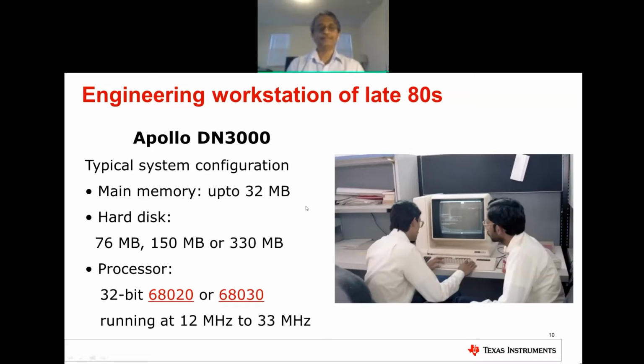But I thought I'd just share this to give you a perspective on what the semiconductor revolution has enabled, from where we were with the workstation in the mid-80s to where we are today with what we find inside our smartphones. It's just amazing and mind-boggling.